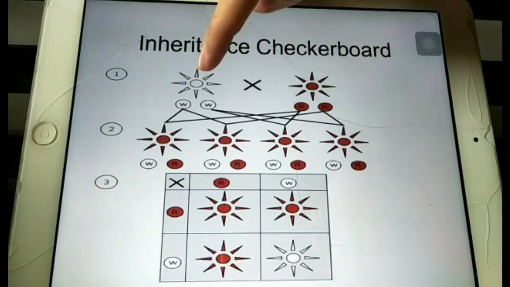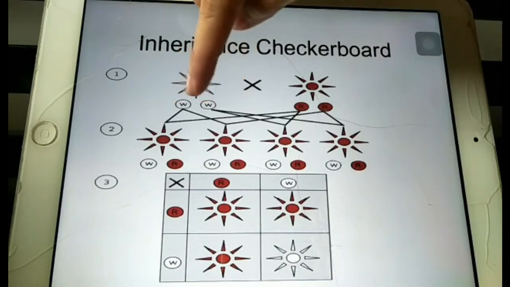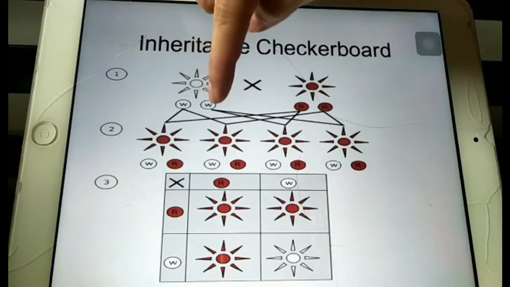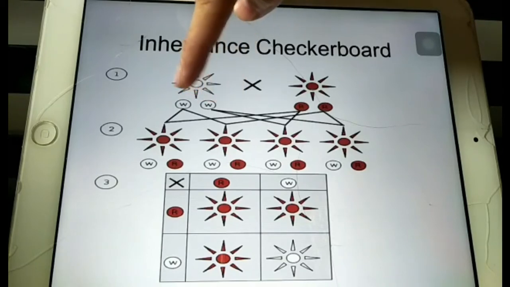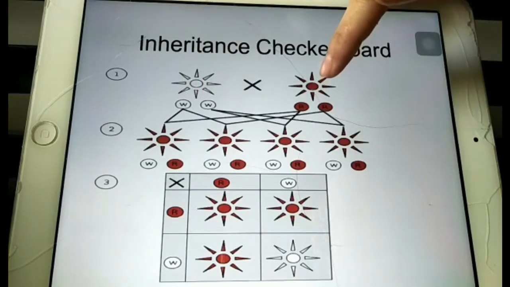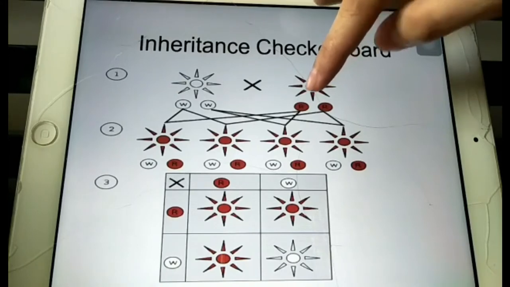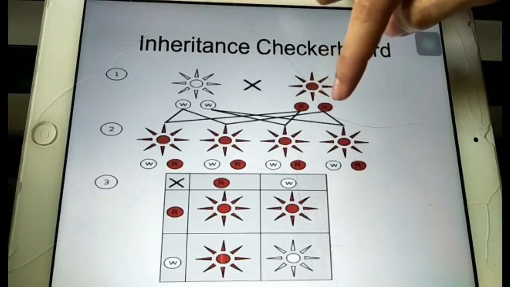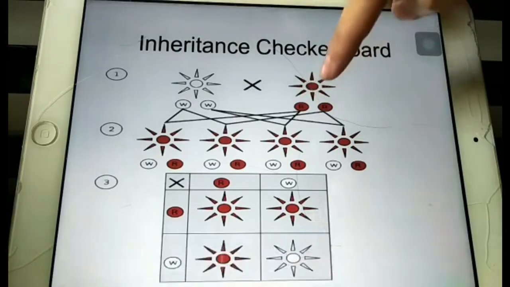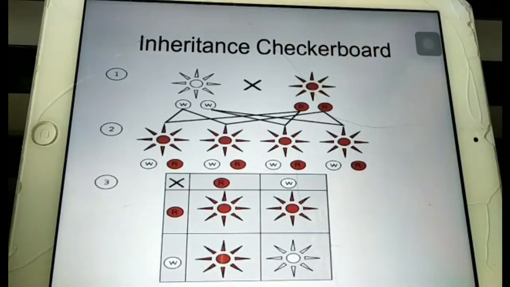As you can see here, this is the F1 generation, and here this is the homozygous white-eyed female having the same type of genes, that are white-eyed, and here this is the red-eyed male bird having homozygous genes, which means both are red-eyed alleles.